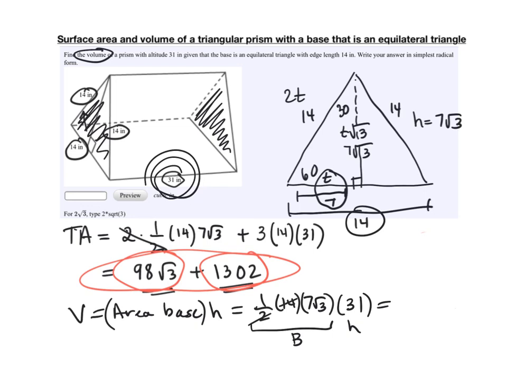Let's see, 2 goes into 14 7 times. 7 times 7 times 31 is 1,519. So I multiplied all my whole numbers, and that root just gets tagged at the end. 1,519 root 3. That is the volume of that prism.